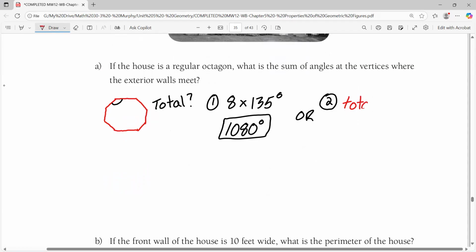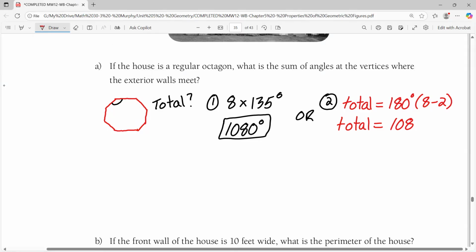So the total, and I remember I'm just replacing the word sum with total, 180 times 8 minus 2, and your total comes out to 1080. Okay. So there we go. There's the two different ways you can do this.